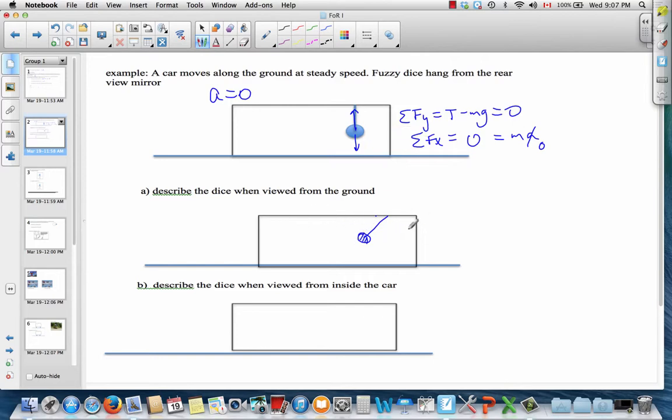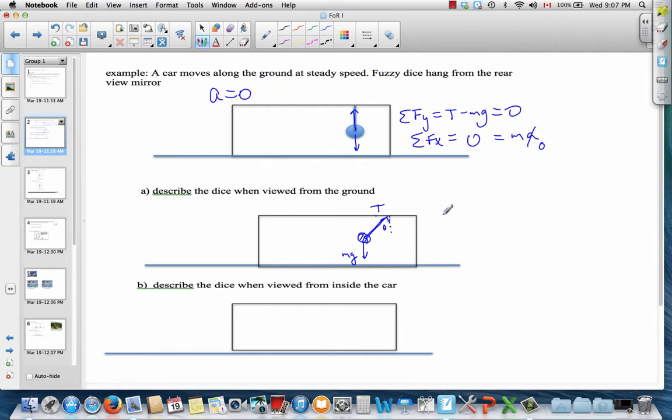Now, if you accelerate at that steady rate, it will stay at that angle, and our force analysis will be as follows. You'll have a weight force and again a tension force. There's an angle theta here for the cord with respect to the vertical.